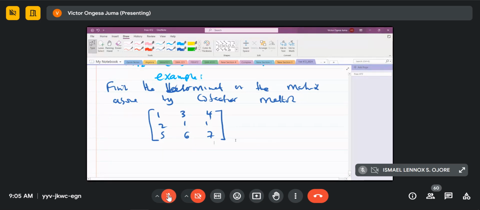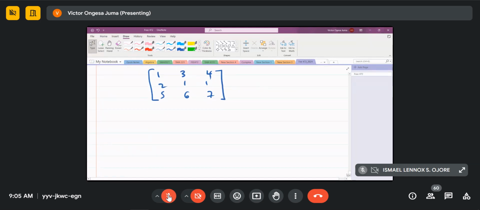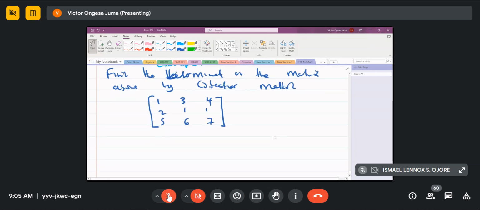So I said you can apply the cofactor method on each element. Whichever column you choose, you can choose whichever column you want, whichever row. This method applies to any column or any row. You get the same answer. So can you suggest which column do you want us to take, or which row do you want us to take?